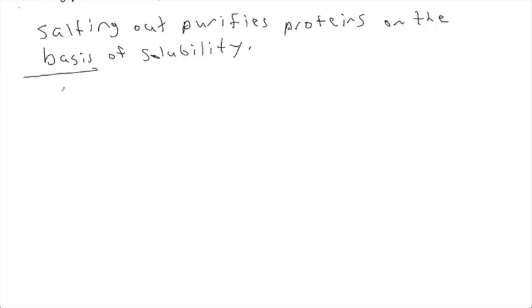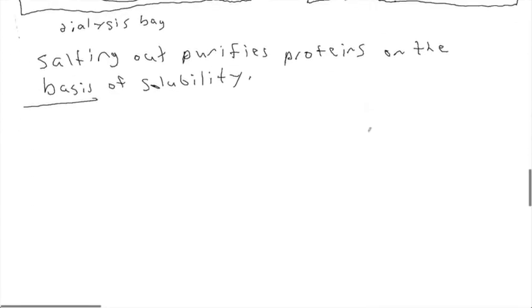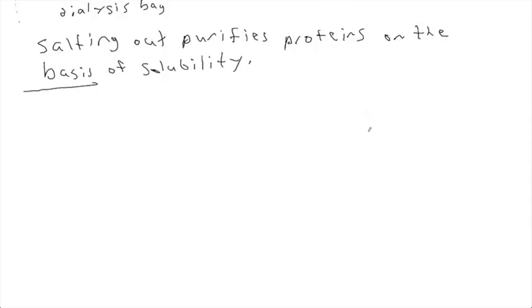What's the other method that we've talked about today? Dialysis. Now, we did talk about that, but that's not really a method of protein purification, right? Remember, that doesn't separate proteins. That's just a way of separating a protein from ions. So what's the other method of protein separation that we've talked about? Gel electrophoresis. And what's the particular type that we focused on?